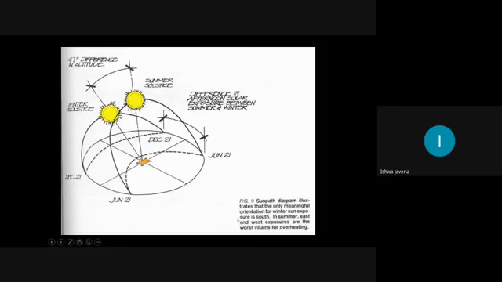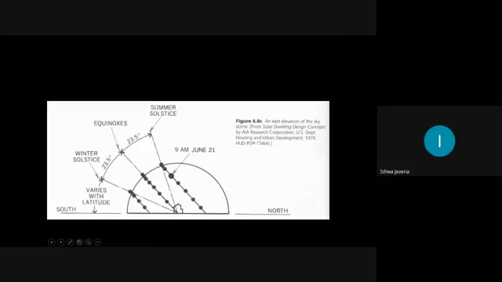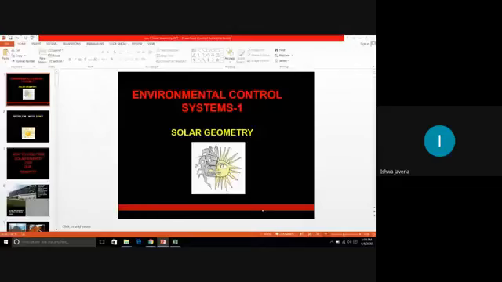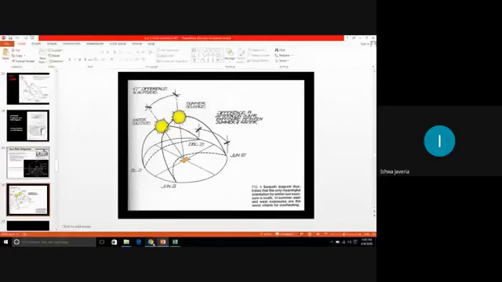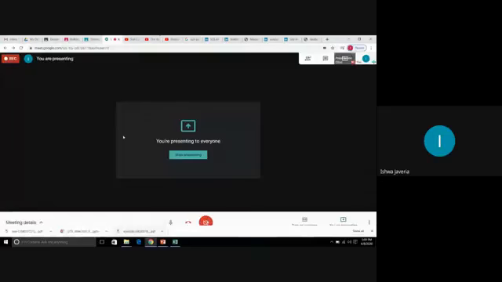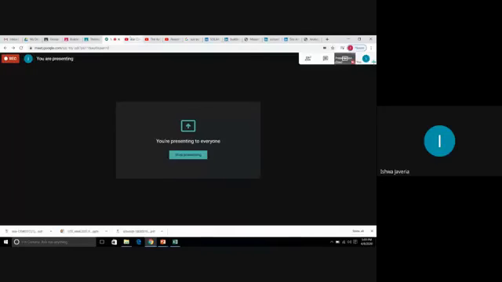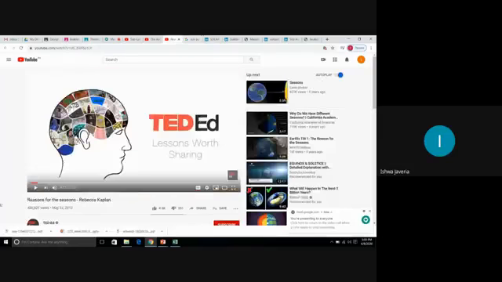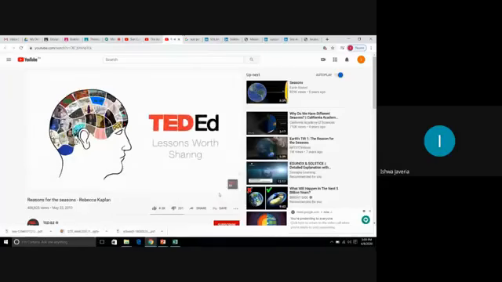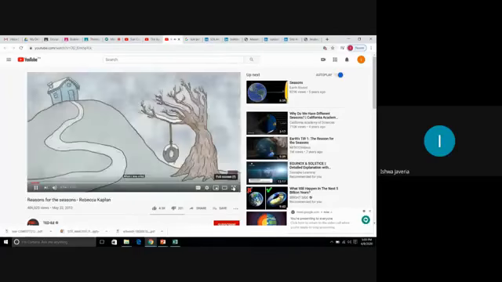This is another picture of the sun path diagram. So I'll be going towards one of the videos. I'll obviously share it with you guys later on. Let's talk about the reasons for the winter firstly.